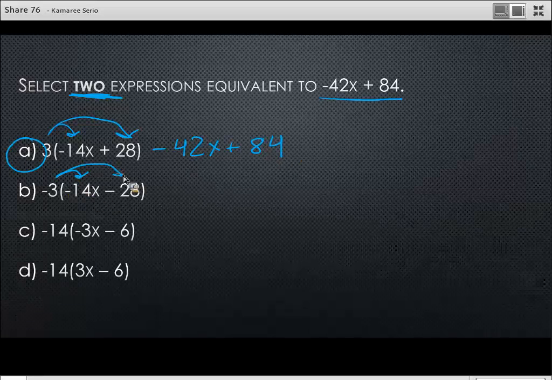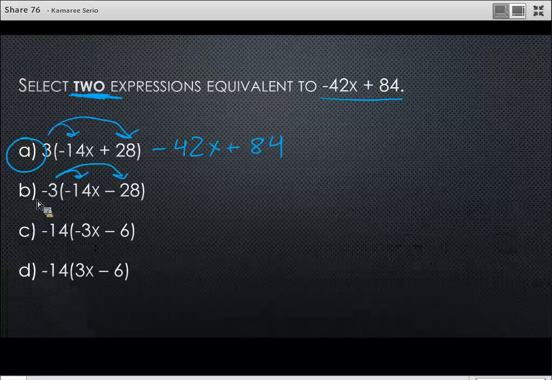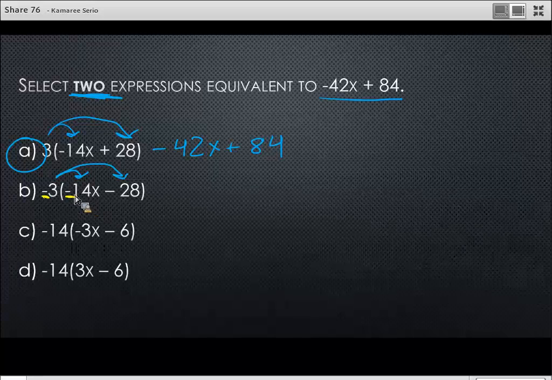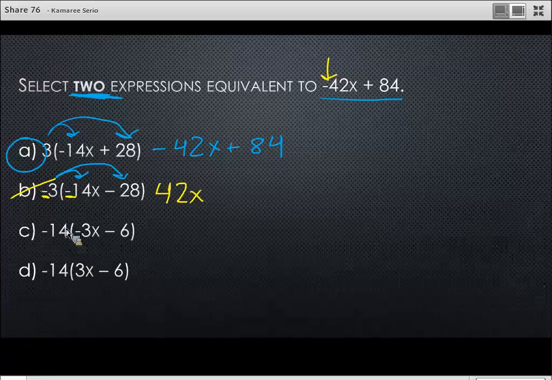Now, this is where you have to be careful with your signs. Okay, notice this was positive, negative, so I got a negative. Here, I have a negative and a negative, which means when I multiply these two, again, use your calculator. When you multiply two negatives together, you get positive 42x. Since I need a negative 42x, B is not one of them.